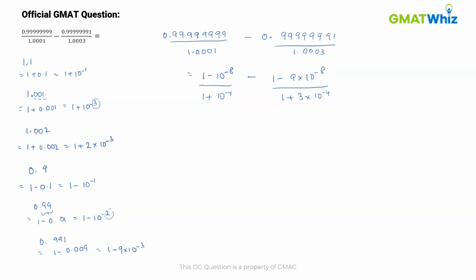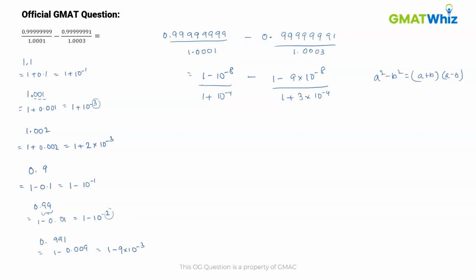Now, one of the basic formulas that is always used in GMAT is a squared minus b squared, which is equal to a plus b multiplied by a minus b. Now, we can understand that we have to apply this formula because the numerator is a square of the denominator's term.